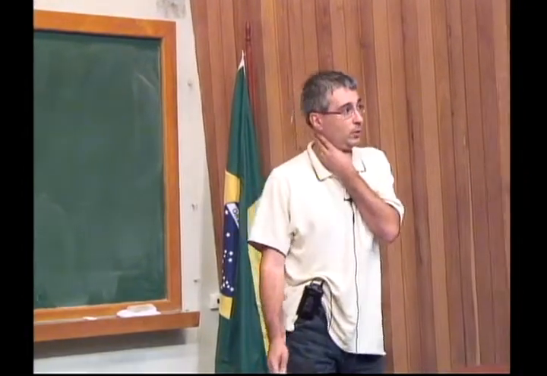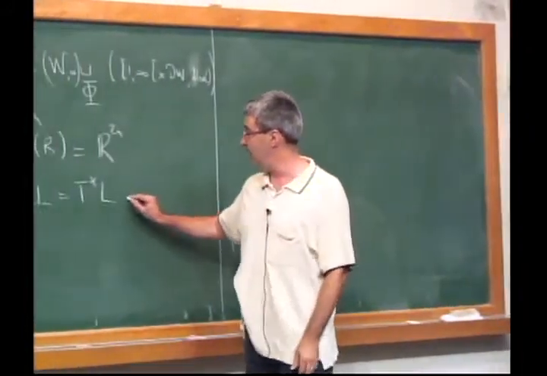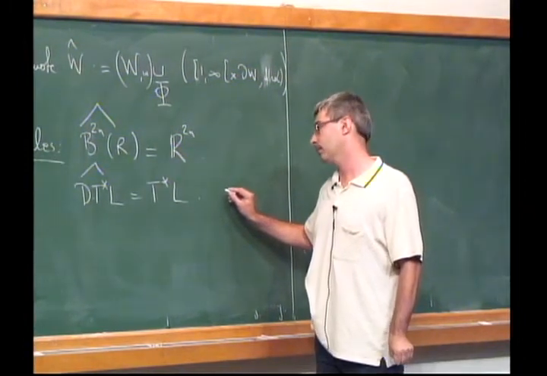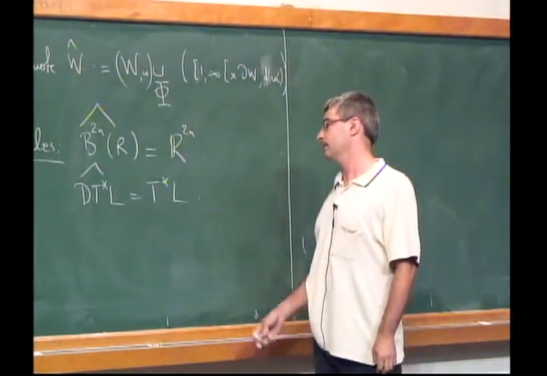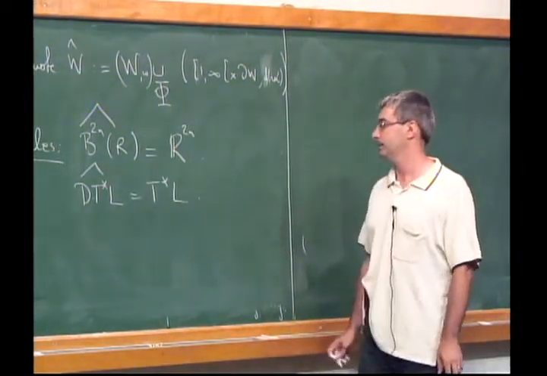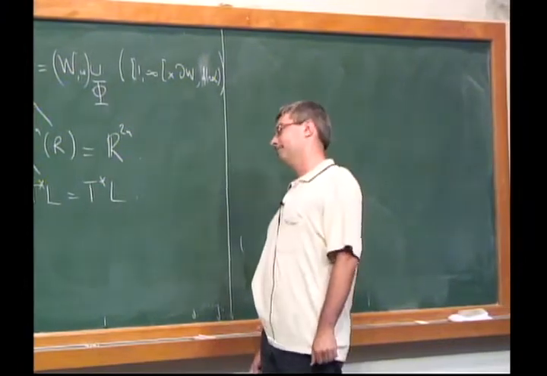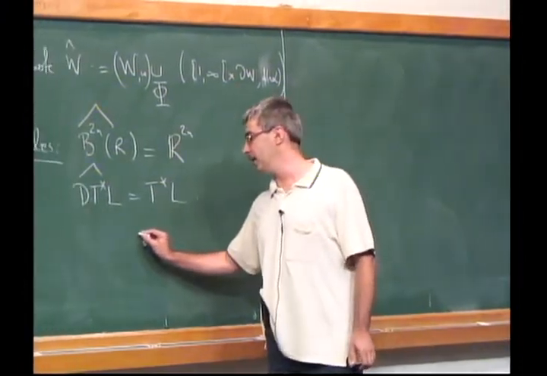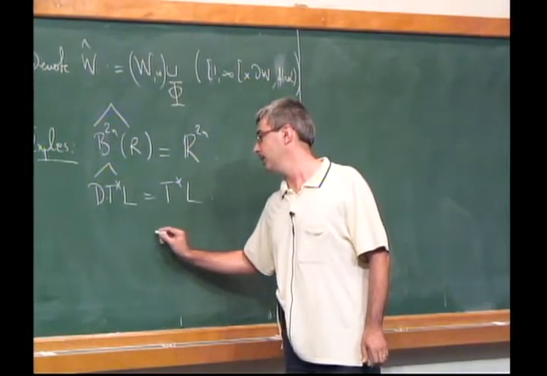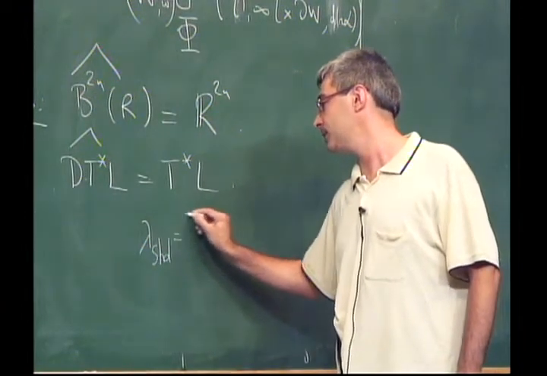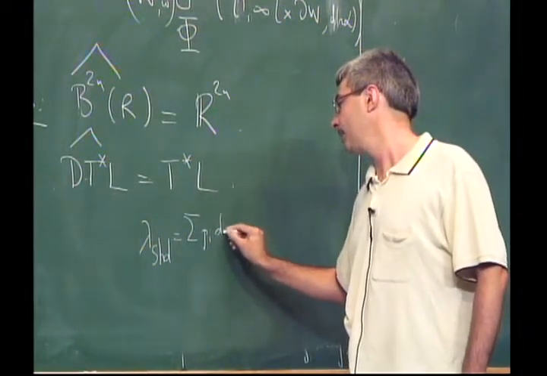It is what's called Weinstein. So you have here a symplectic form, I mean, you have the Liouville form, lambda standard, which is sum of p_i dq_i.